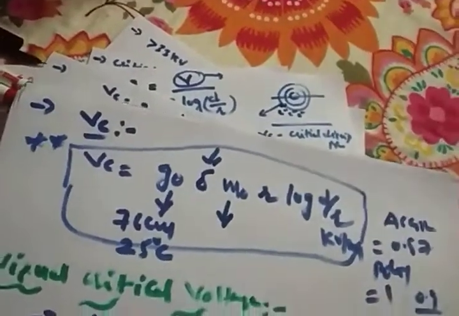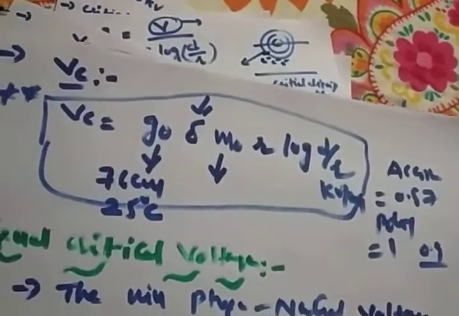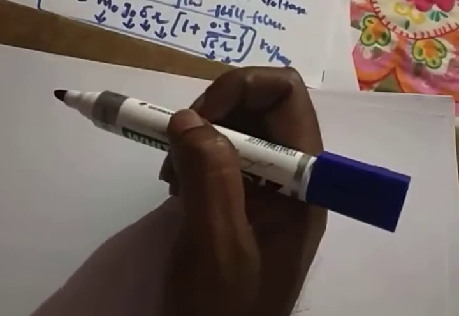I hope it's clear about critical disruptive voltage and visual critical voltage. These are two very important terms. I'll explain one more time. What is the critical disruptive voltage? The minimum voltage at which the corona forms. What is the visual critical voltage?